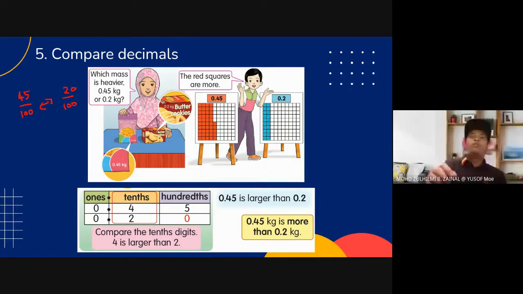So this one 4, 5. Tens dia 4, hundreds dia 5. 45 of 100 dia akan jadi 4 and 5. 2 tu of tens. Dia macam ni nak tunjuk. Tadi dah terang tak faham kot. Okay, dia punya place value, ingat.